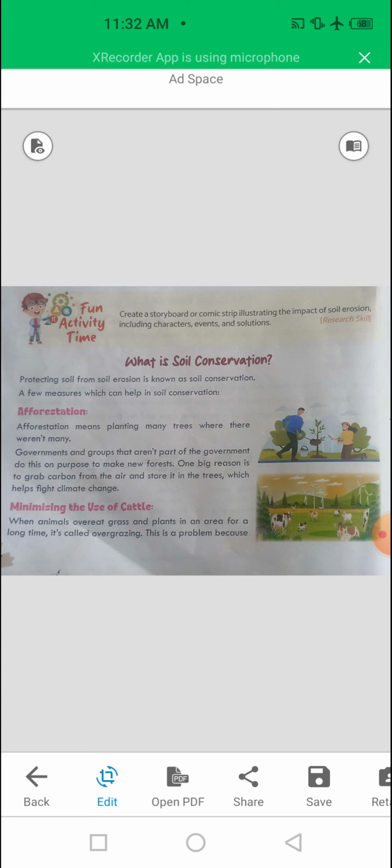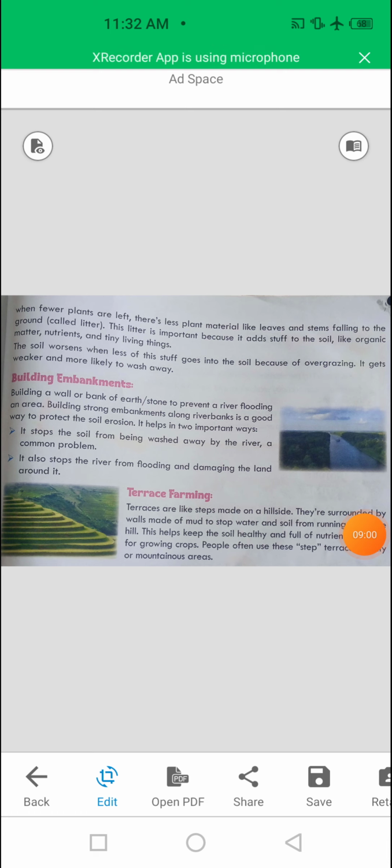Next is minimizing the use of cattle. So students, by minimizing the use of cattle, we also conserve the soil. When animals overeat grass and plants in an area for a long time, it's called overgrazing. This is a problem because when fewer plants are left, there is less plant material like leaves and stems falling to the ground, called litter.